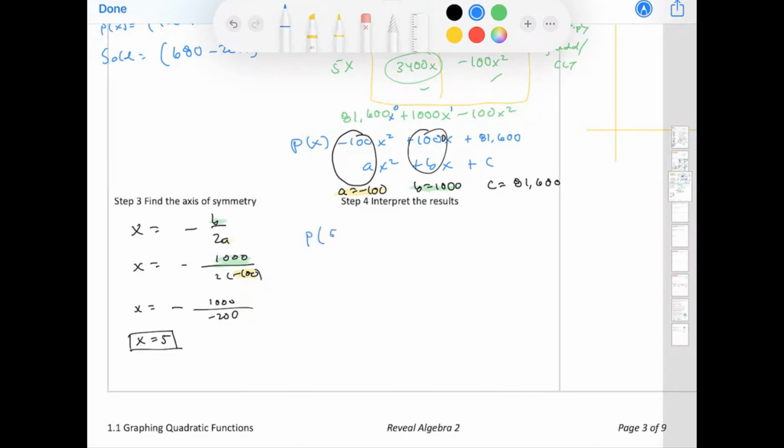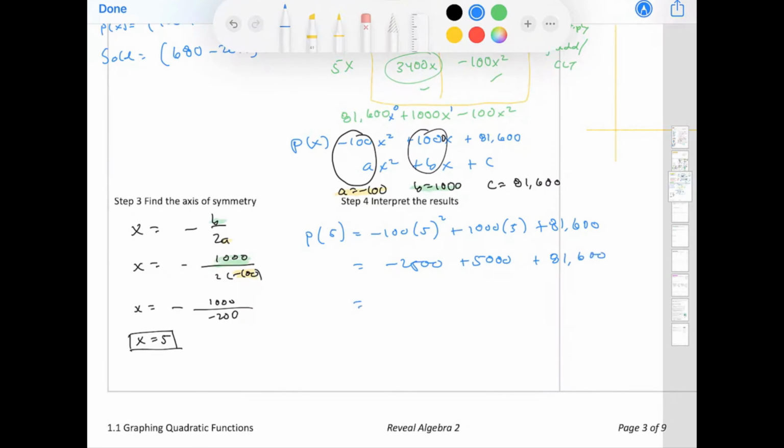P of 5 now, so every x value is going to be 5. Feel free to use a calculator with the big numbers. No need to show off your math skills here. So I would get here 25 times 100 gives me negative 2500. This one's 5000, and this one you would get that number.